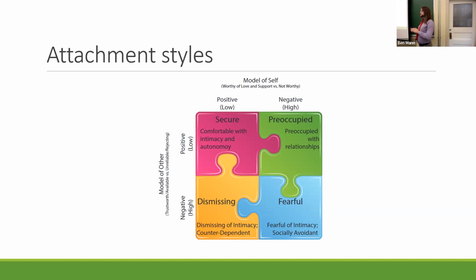For example, if you're visiting a country that doesn't speak the same language you do, and you're normally a more secure attacher, you might be a little bit more preoccupied, right? Because you're trying to learn the language and the culture. So these 4 styles might be present in romantic relationships and friendships and family relationships. They are how we choose to connect with other people.